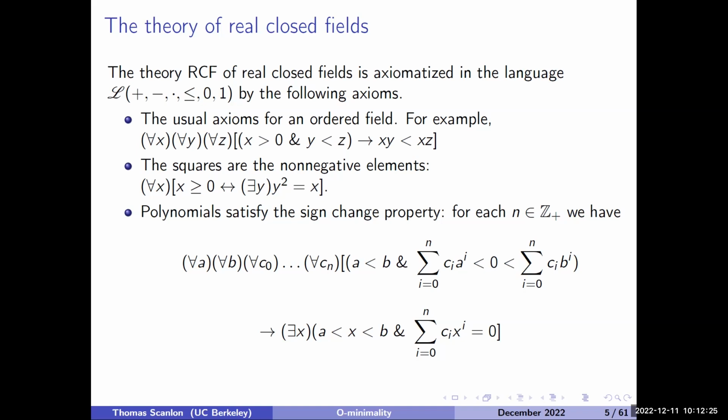Polynomials are continuous functions on the real numbers: if it takes a negative value at one point and a positive value at another point, then somewhere between it has a root. You can write that down algebraically: for each polynomial of each degree, you require that if it changes sign, it has a root. And that's all you have to say.